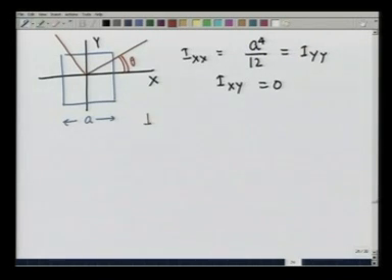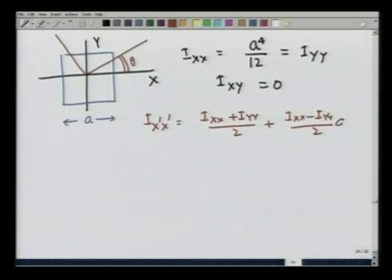So, let me write it in red, I_x' which is equal to (I_xx plus I_yy) divided by 2 plus (I_xx minus I_yy) divided by 2 cosine 2 theta, minus I_xy sine of 2 theta, this is not plus, this is minus, is going to be equal to I_xx again.